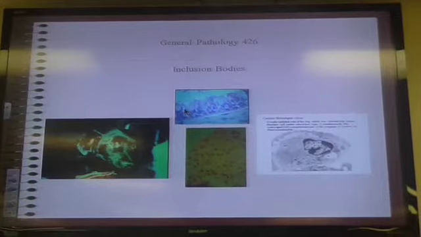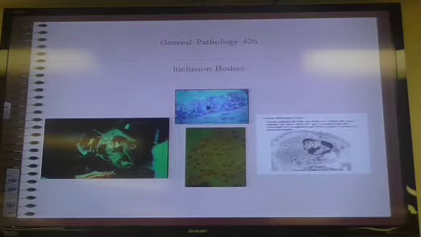There's another one there. There's one there. And these things histologically too. And that's what they look like with EM, intracytoplasmic.